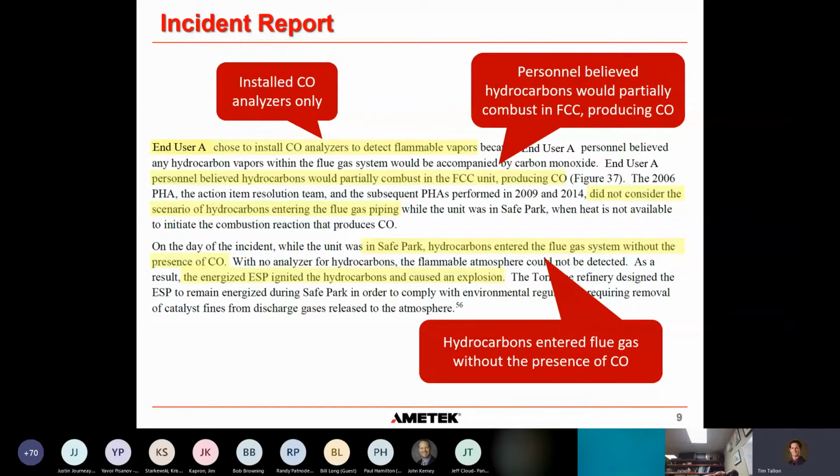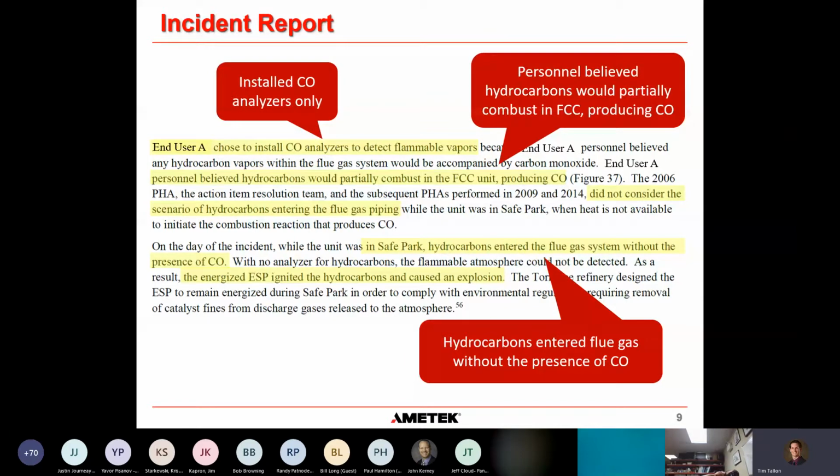But they did not consider the instance where hydrocarbons would enter the flue gas without the presence of carbon monoxide, and that's what led to the eventual explosion. So measuring for hydrocarbons and preparing for hydrocarbon measurement is important, and that's part of our discussion.